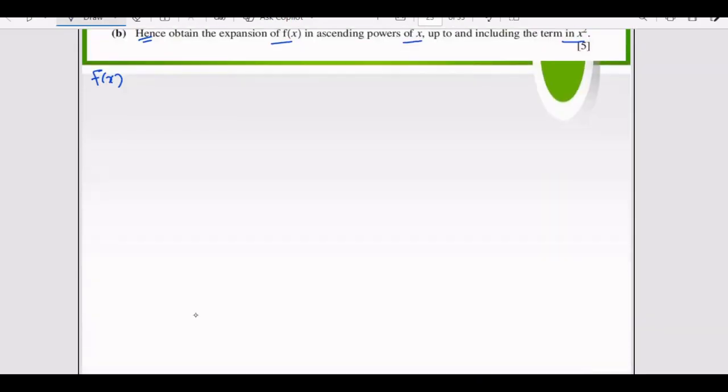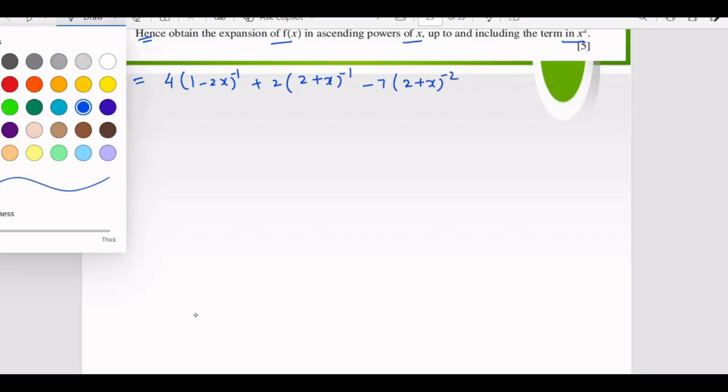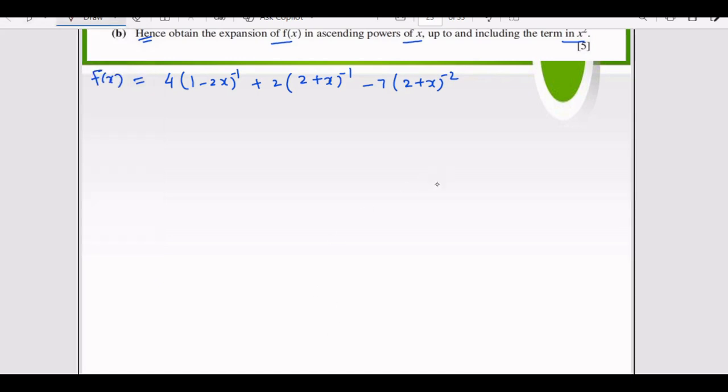So let me rewrite this. In the numerator I will write 4 into (1 minus 2x) to the power minus 1, then plus 2 times (1 minus 2x) to the power negative 1, minus 7 times (2 plus x) to the power minus 2, right? In the previous question I showed you by doing it all together, but here I'm showing you how to split this.